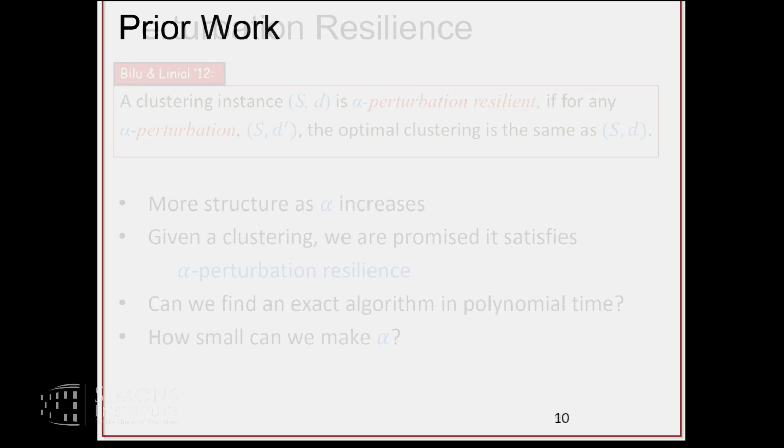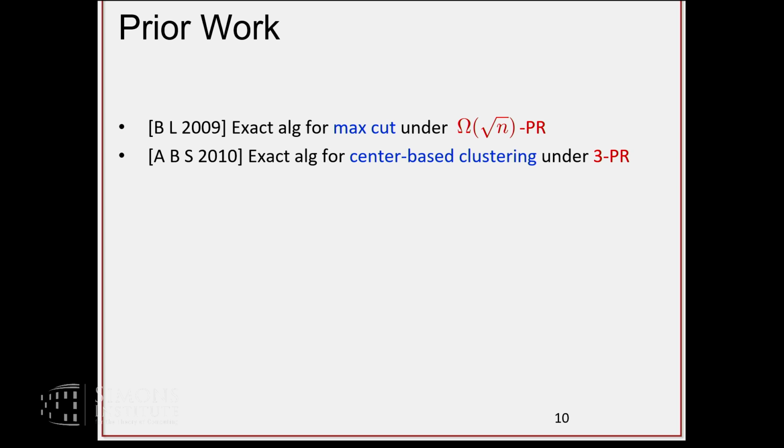Okay, so now I'm just going to talk about some prior work in perturbation resilience. This was defined in 2009 by Bilu and Linial, and they studied max cut and showed root n perturbation resilience is sufficient to get an optimal algorithm. Then Awasthi, Blum, and Sheffet studied center-based clustering. This is a general definition that includes k-median, k-means, and k-center, as well as a generalization of clustering.